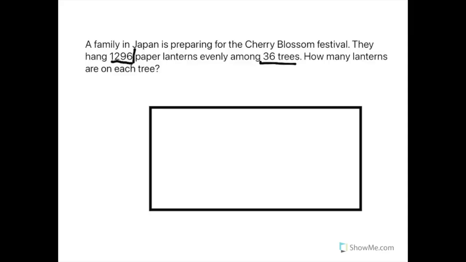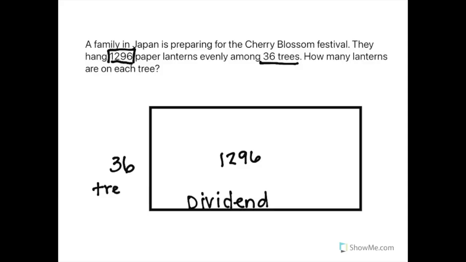So my total is 1,296, which is also known as the dividend. So I'm going to write this in here. 1,296. That is our dividend. And then we have 36 trees. So we're trying to figure out, okay, this is 36 trees.